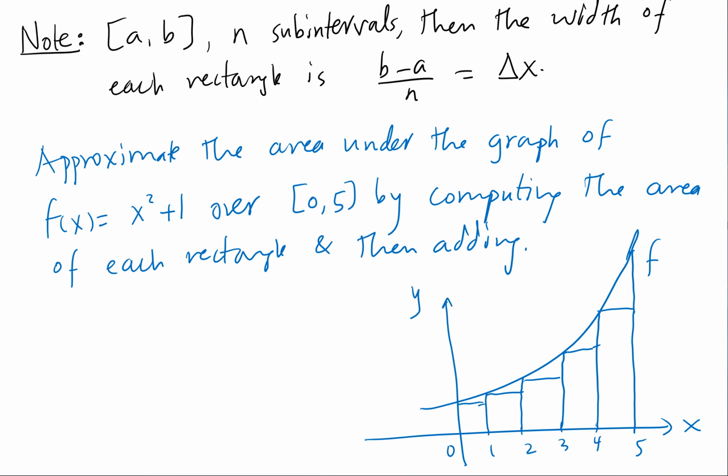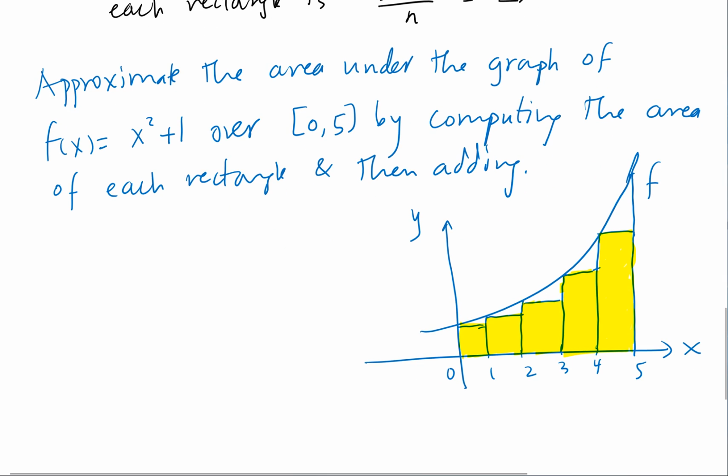And the area that they want us to find is the area of all these rectangles, as you can see, the shaded rectangles. So all this is given. So we just have to find the area and add them up.